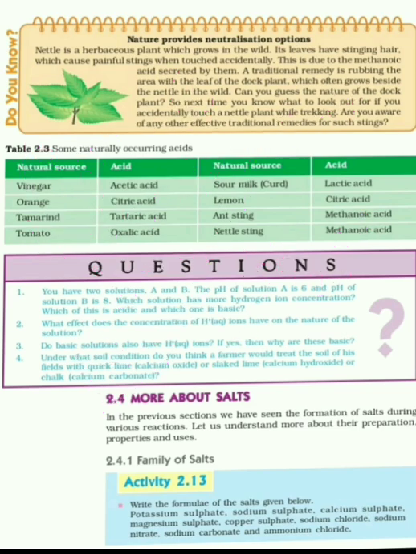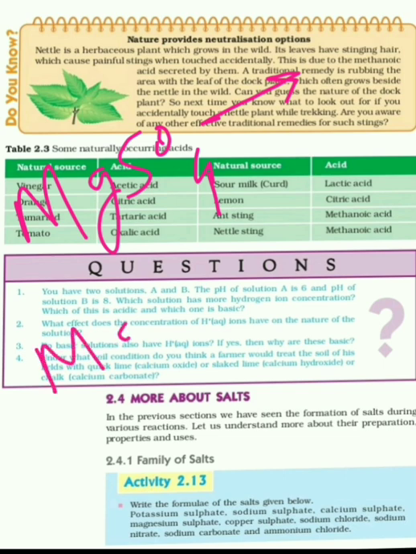We will see one more salt, that is magnesium sulfate, MgSO4. So this is a salt, and what is a salt? Ionic compounds which contain one cation other than H plus ions and one anion other than OH minus ions. Here we have the cation Mg2 plus, the magnesium ion, and the anion SO4 2 minus, sulfate.